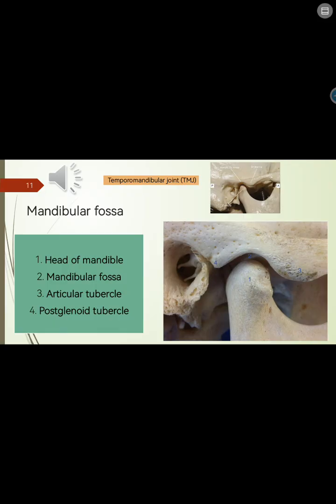Number 1 is a head of mandible or condylar process of mandible bone. Number 2, mandibular fossa. Number 3, articular tubercle or articular eminence, that it is a part of zygomatic process or inferior surface of zygomatic process. And number 4 is postglenoid tubercle.